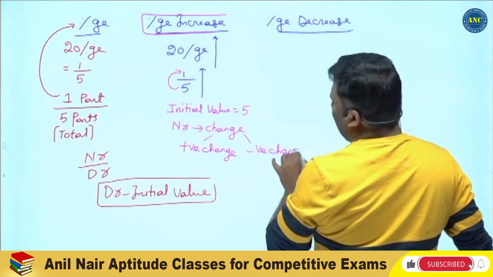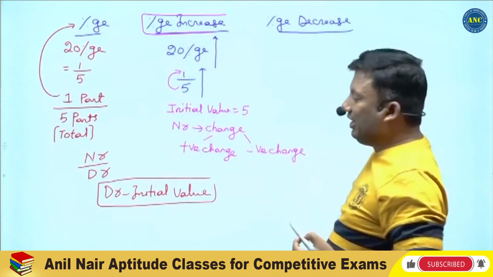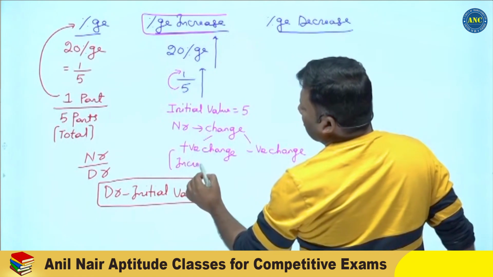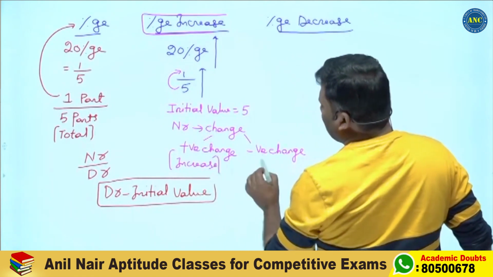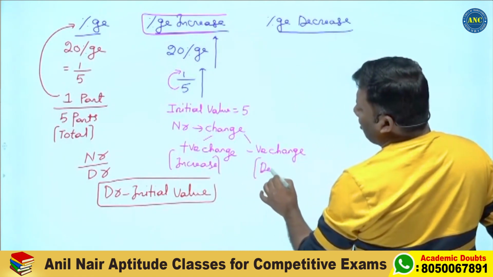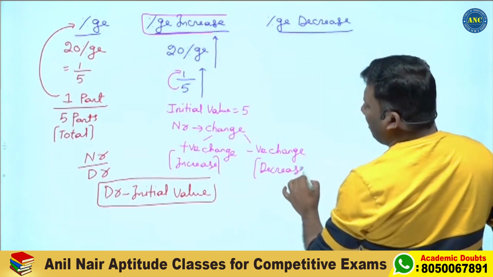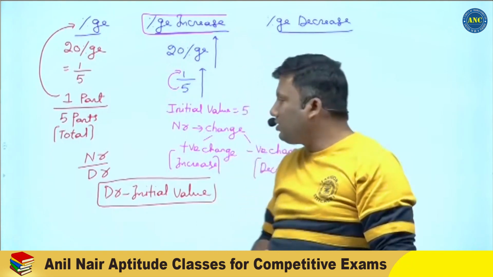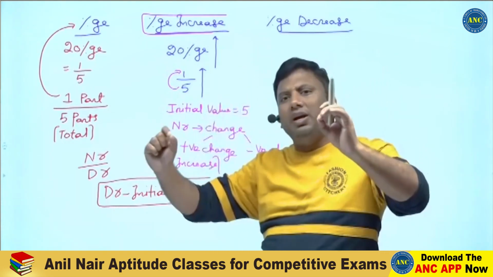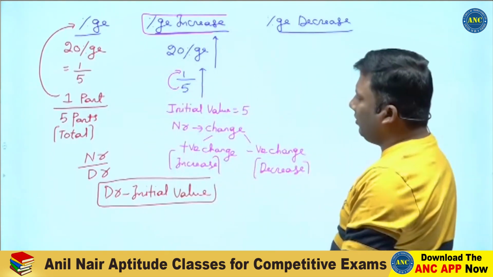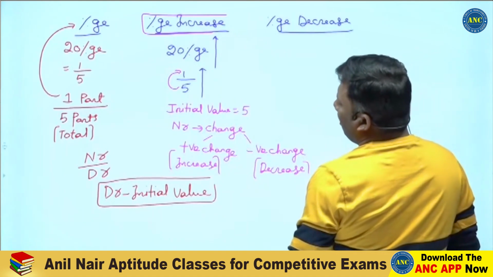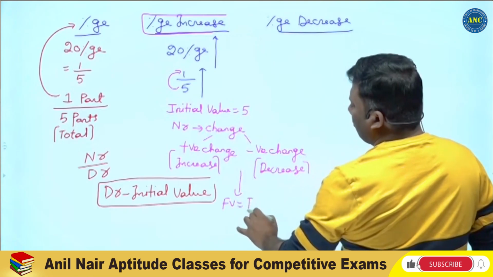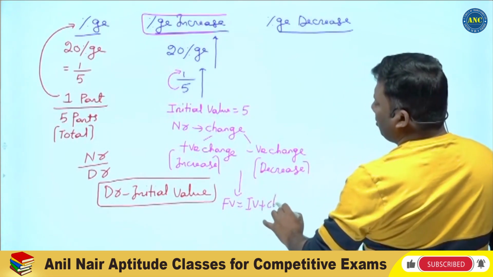Positive change is called increase and negative change is called decrease. Write down in the same way, sir. Denominator is always the initial value. Then what will happen to the final value? Final value is equivalent to initial value plus change.